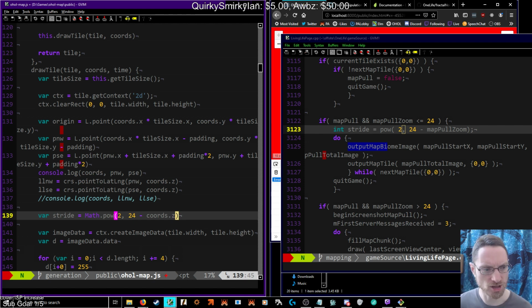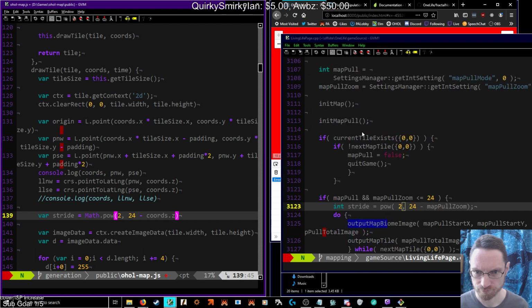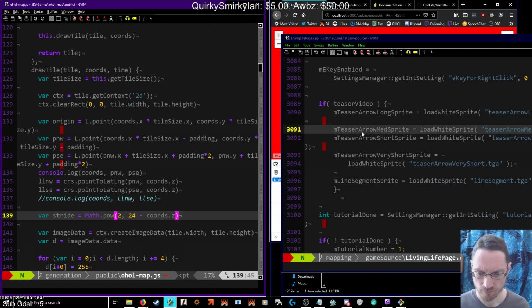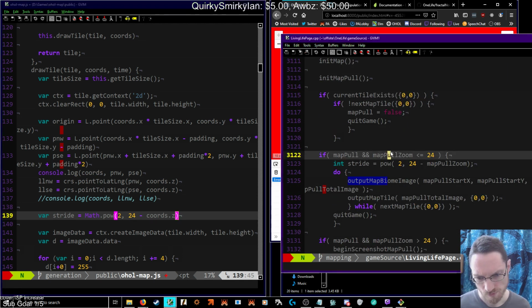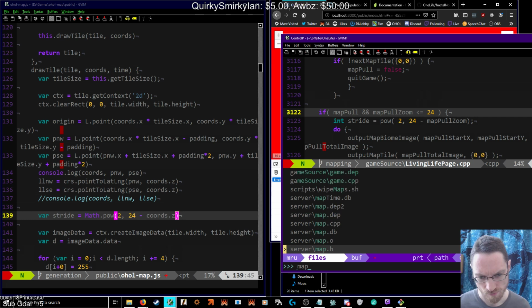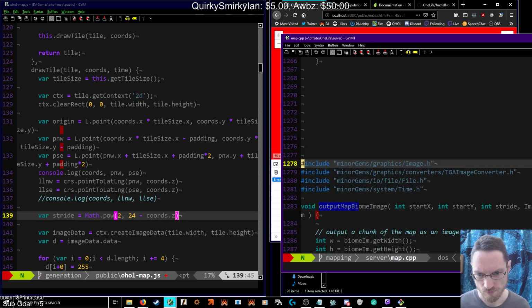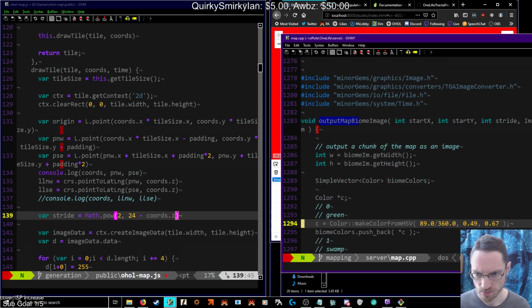So I was just kind of thinking my way through that before. Biome image.